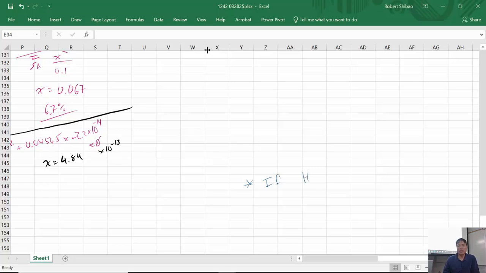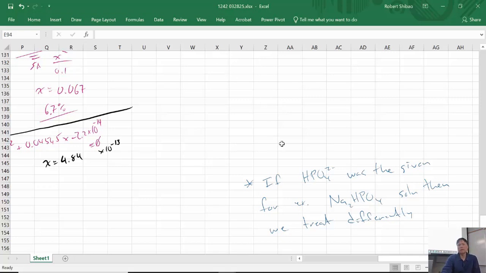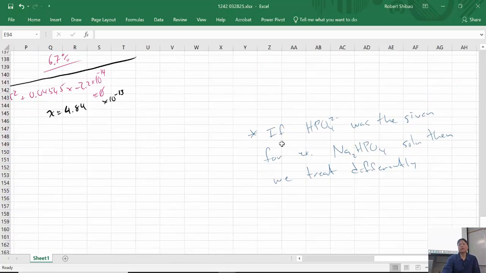If HPO4 2- was the given, for example, the solution wasn't sodium phosphate. The solution was sodium monohydrogen phosphate. Then we treat it differently. And so let me talk about this. This is called an amphoteric salt.